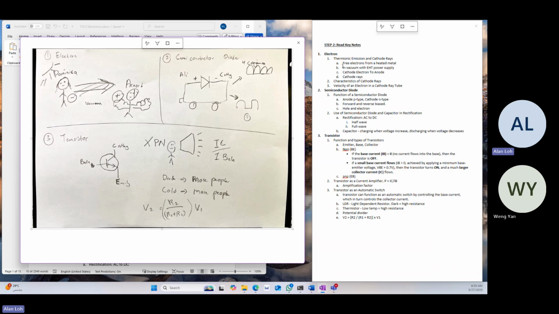So I have electron. Electron is the thermionic emission like you mentioned just now, and the cathode rays. Basically, it's talking about free electrons from the heated metal, and then it was being transmitted in a vacuum with an extreme high tension power supply, EHT, we will know that term later, and cathode electrons to anodes and cathode rays.